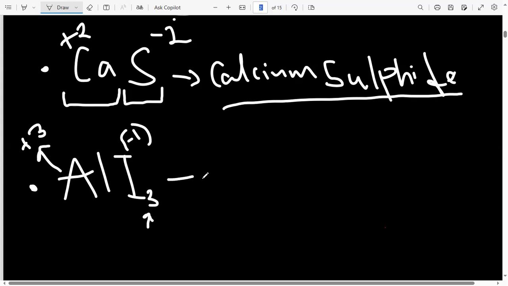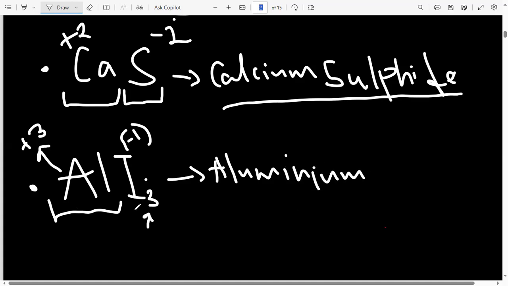All right, so now let's name this one. It's the same thing. We're going to get the name of this metal, and then to the name of this non-metal, we are going to add IDE. So the name is just aluminium, and then this is iodine, like this, iodine.